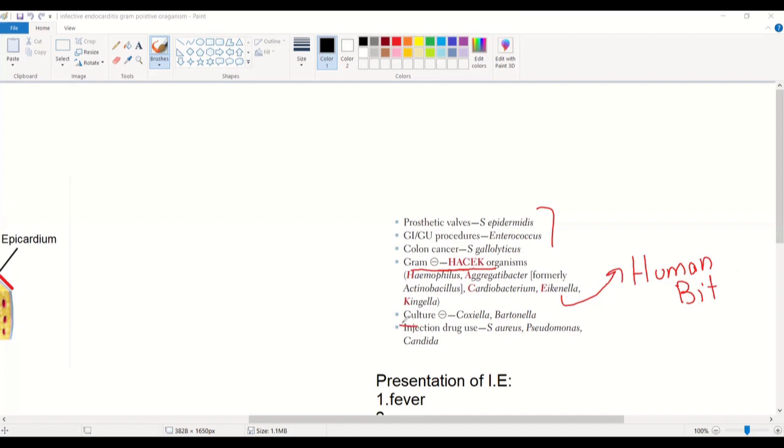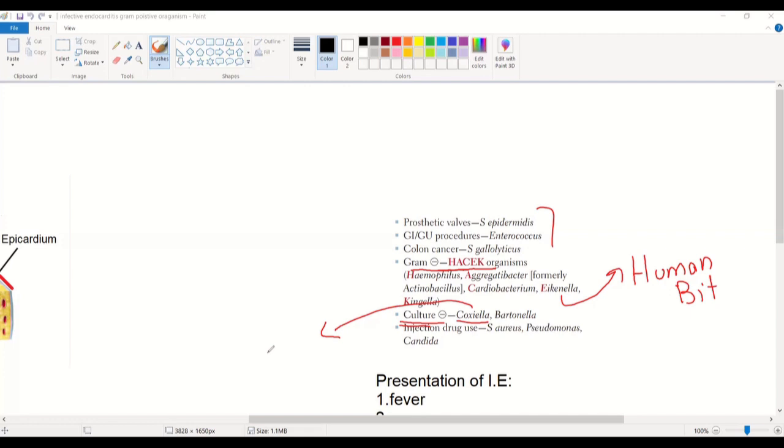So the culture negative endocarditis, Coxiella. Coxiella is associated with cattle and Q fever. What is Q fever?